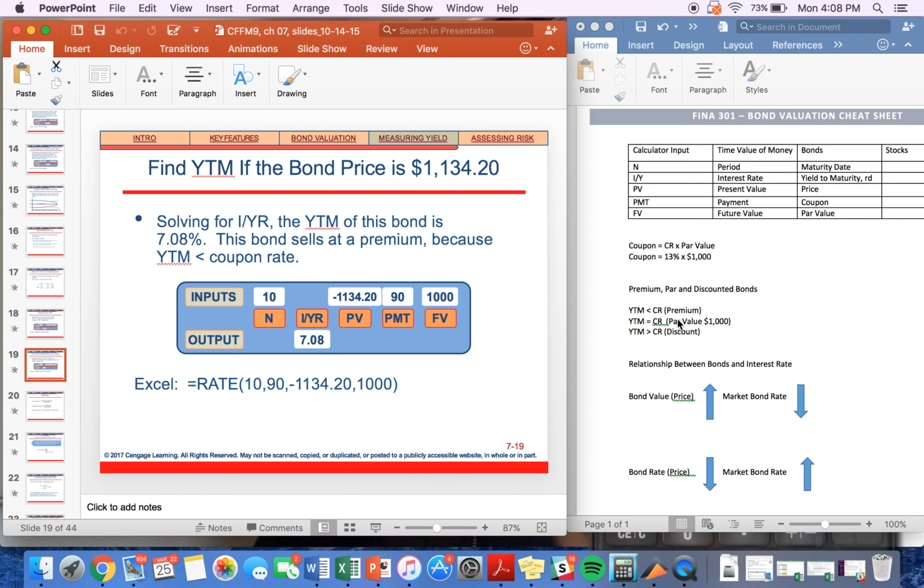So my premium bond rule says that my yield to maturity is less than my coupon rate. So if I went back here, I know my coupon rate is 9%, therefore you would know that your yield to maturity had to be less than 9%. And sure enough, when we solve for it, your yield to maturity is 7%, okay?